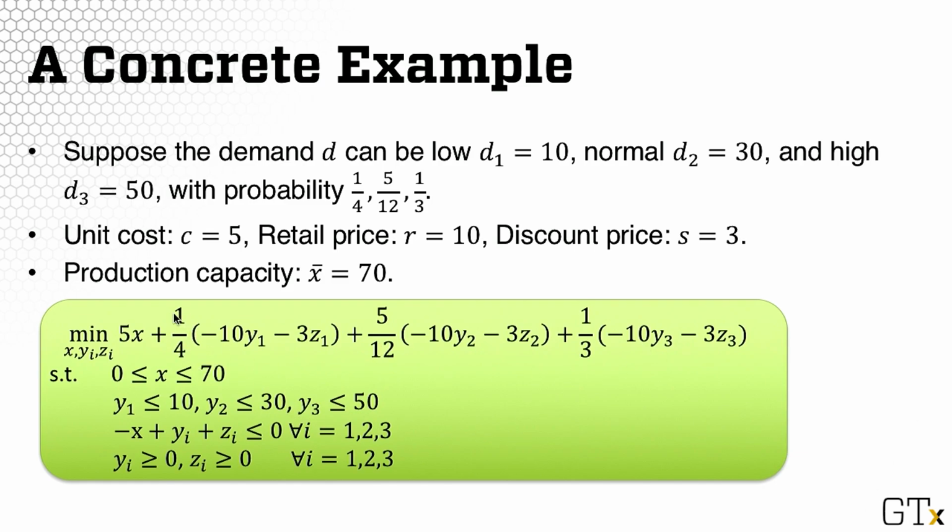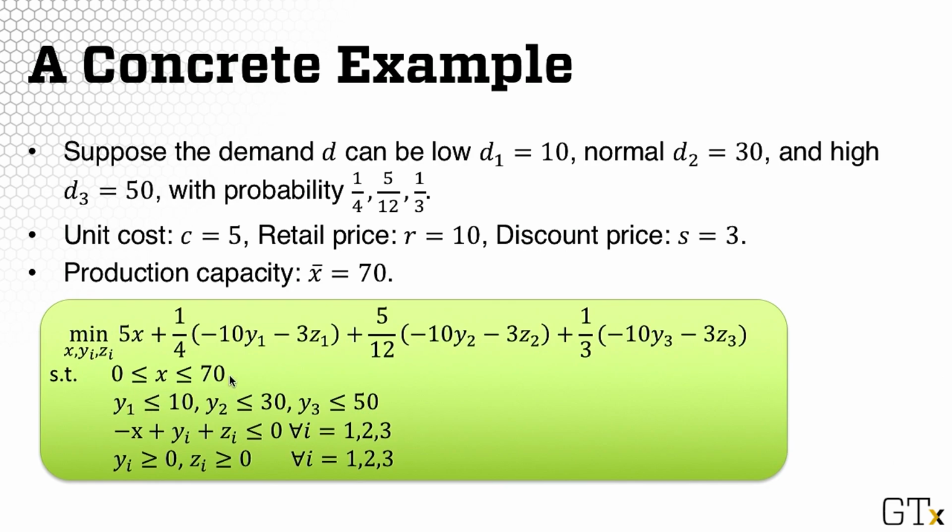The first is 1/4 of the low demand scenario, and this is its future cost: minus 10 retail price times how many to sell at the regular price given scenario 1, minus how many to sell at the discounted price for scenario 1. This is the part of the expected future cost for scenario 1. And for the other 2 scenarios, 5/12 times scenario 2's future cost and 1/3 times scenario 3's future cost.